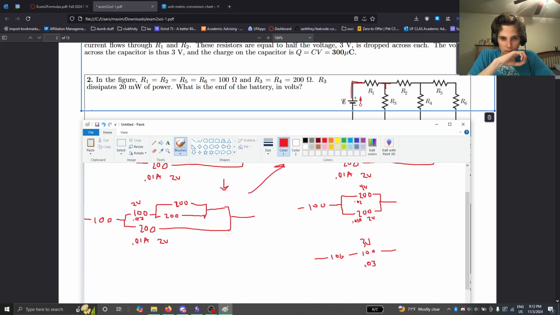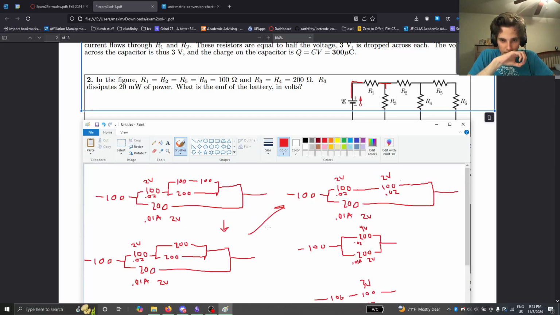I'm definitely doing something dumb here. Why are there different voltages for the same thing here? Why are there different amps?